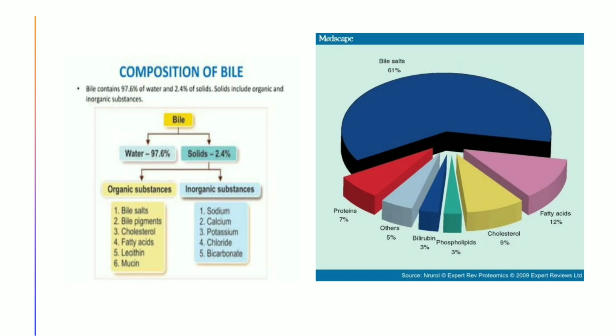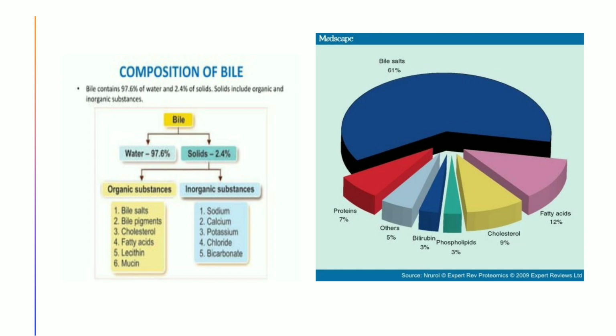Now, along with jaundice, you have to know some points about the bilirubin and the bile. Bile contains 97.6% of water and 2.4% of solids, and these solids include organic and inorganic substances.